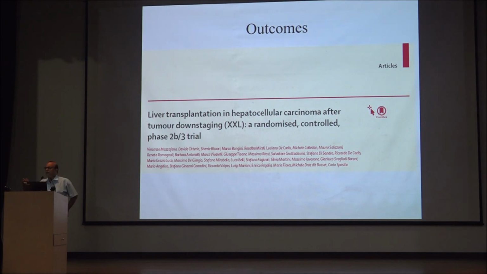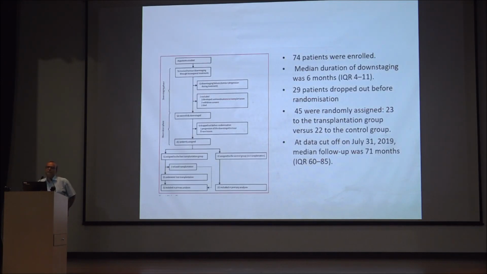What they did was downstage and then randomize whether to go for transplant or observe. 74 patients were enrolled in the study. Median duration of downstaging was 6 months. 29 patients dropped out before randomization. 45 were randomly assigned, 23 to the transplantation group versus 22 to the control group.